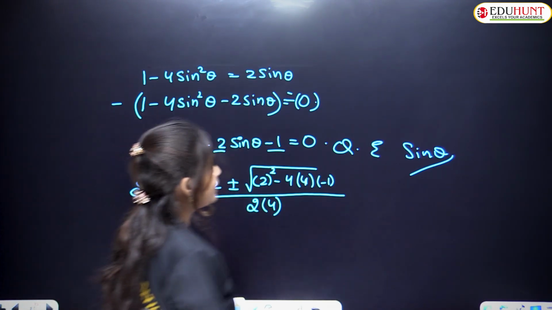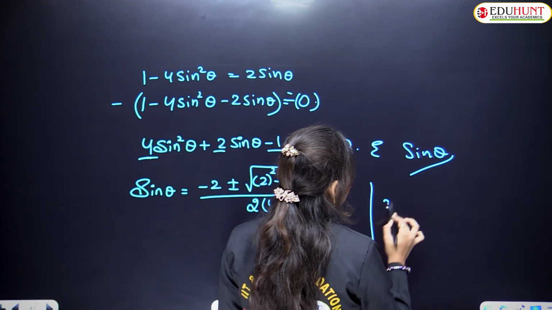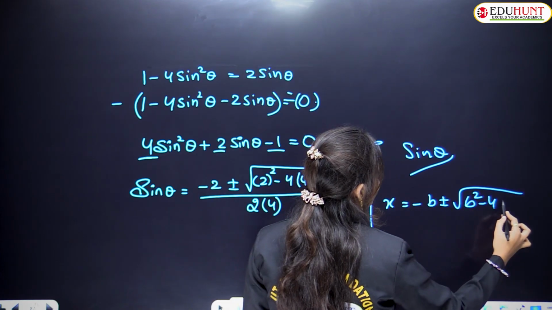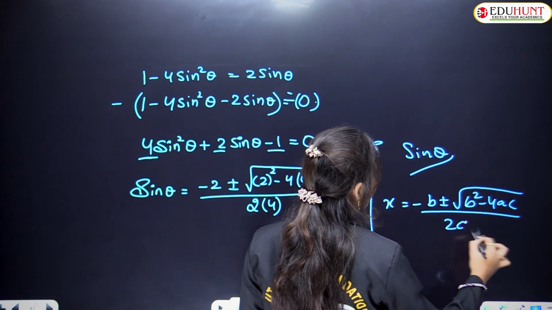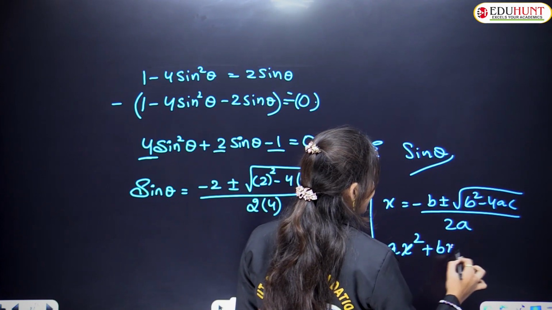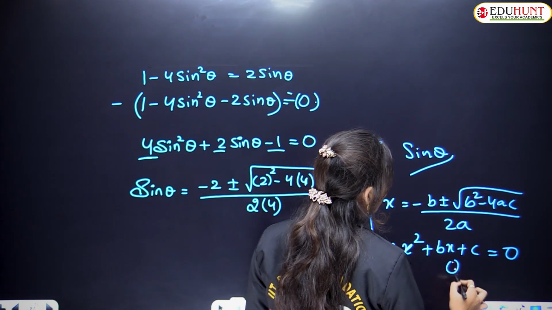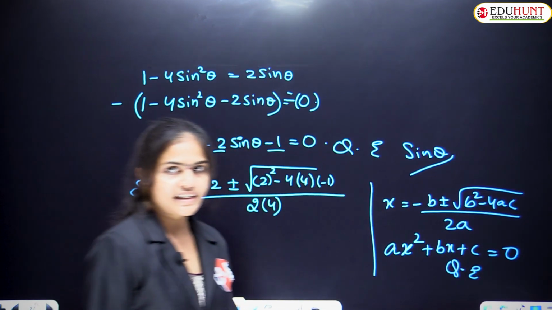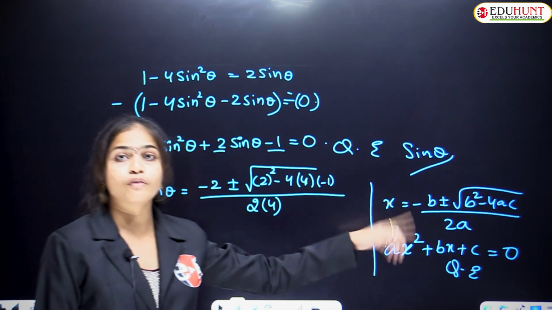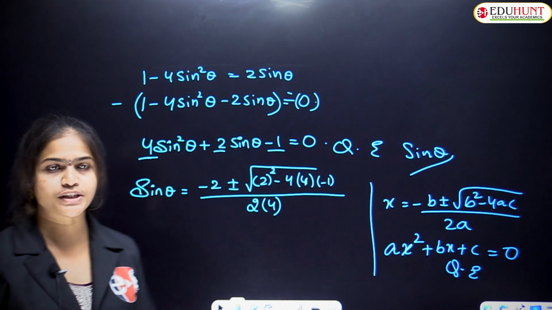You are already habituated with this. So x is equal to minus b plus or minus square root of b square minus 4ac by 2a, when the equation is ax square plus bx plus c is equal to 0. This is a quadratic equation, and this formula is the quadratic formula to find the roots of the quadratic equation.